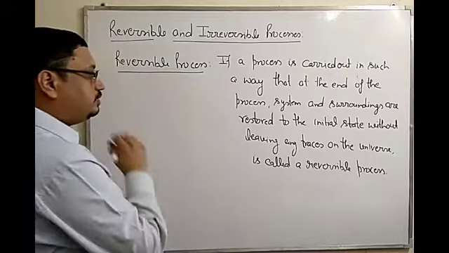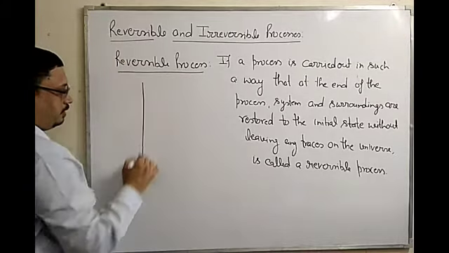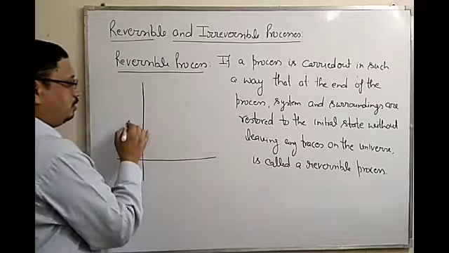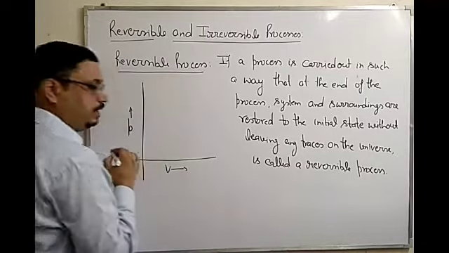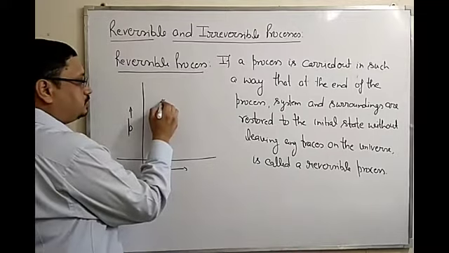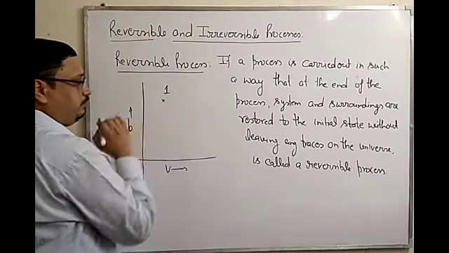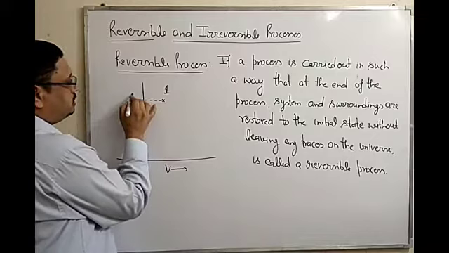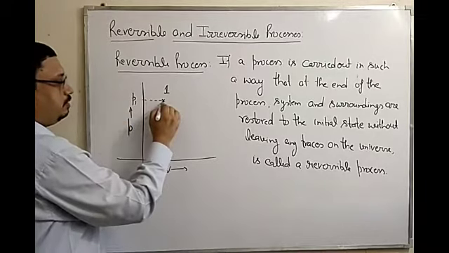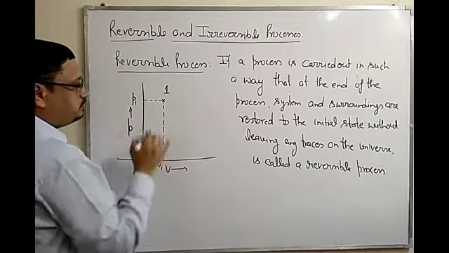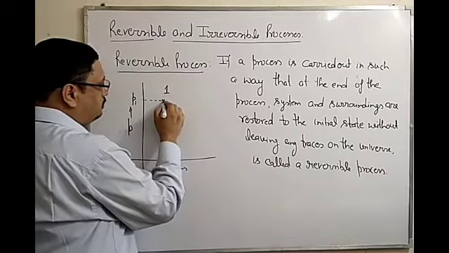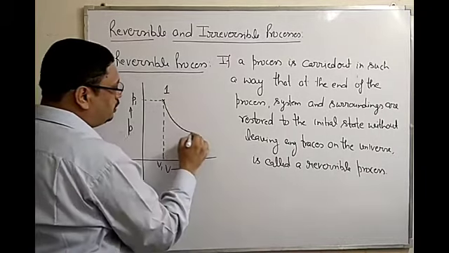Now, what is the meaning of this definition? That if we have a PV plane and there is a system which exists in state 1, and this state 1 is defined by P1, V1, pressure is P1, volume is V1, and the system goes from state 1 to state 2.